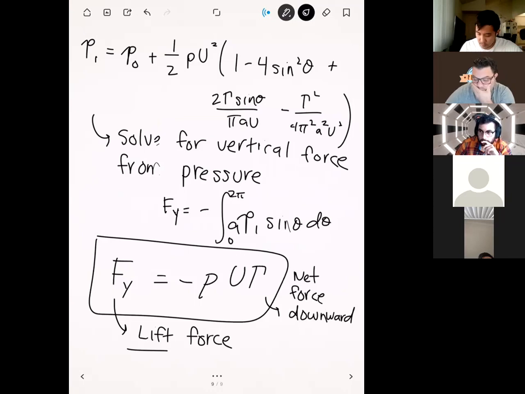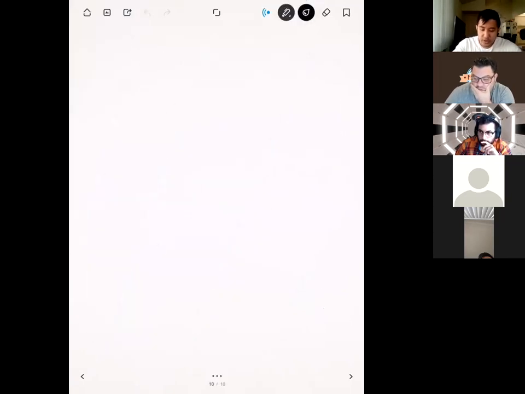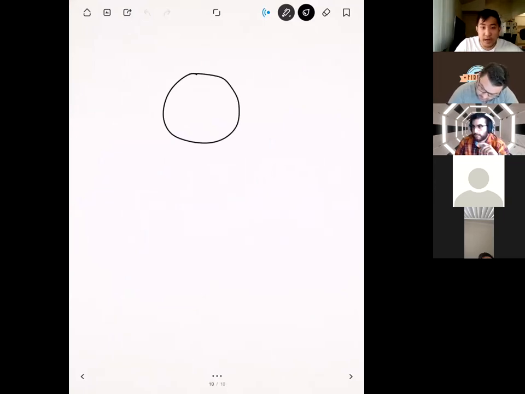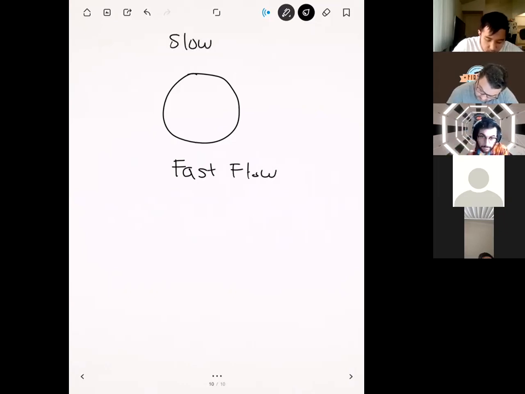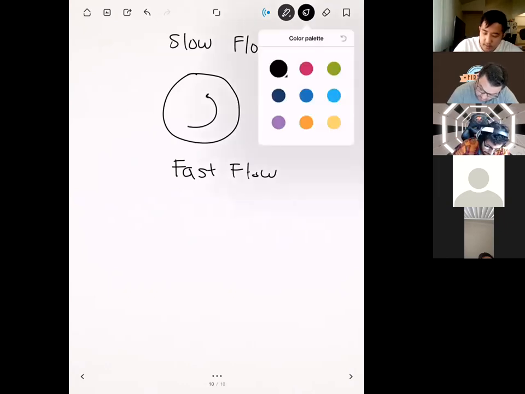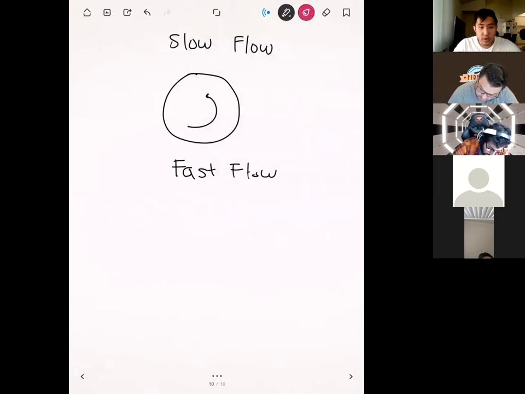Okay. And so let me draw our cylinder again here, just to illustrate. If you remember, once we add rotation, we add this asymmetry. So we have fast flow on the bottom, and we also have slow flow on top, and that's if we add a counterclockwise vortex. What do we know about the relationship between speed and pressure?